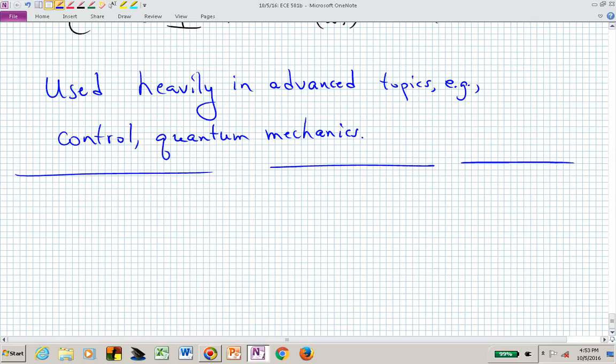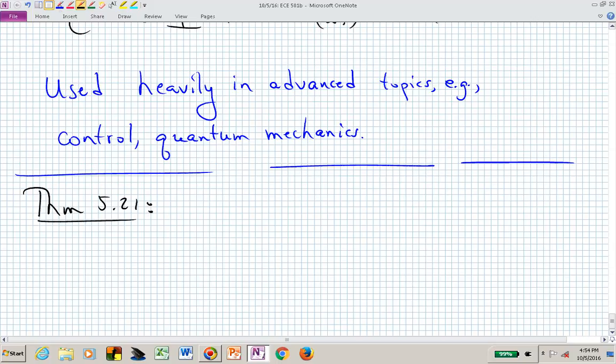Let's look at another fact or theorem coming to us from Chapter 5, which is Eigenvalues and Eigenvectors. Let's now look at Theorem 5.21.